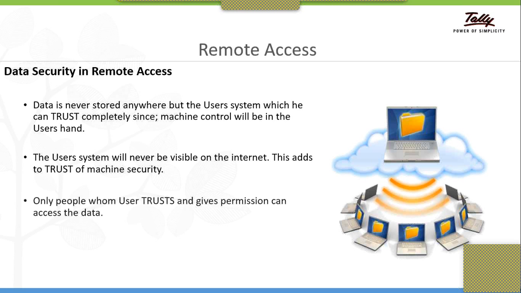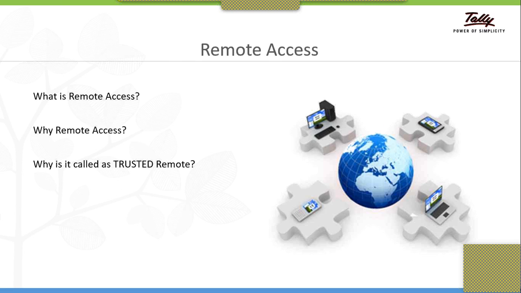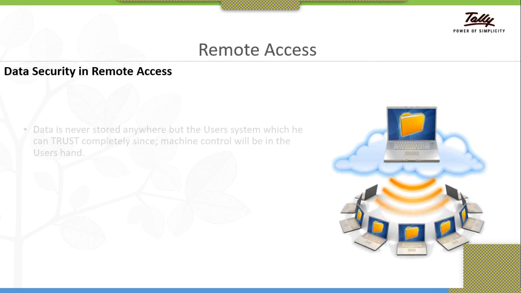Only those whom you trust can be given permission to access the data remotely. If you don't want to give permission, you can disable such users from the remote access rights. Due to these three reasons, you can call it trusted remote access.